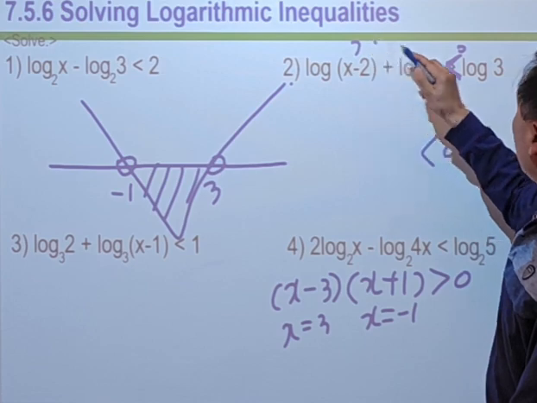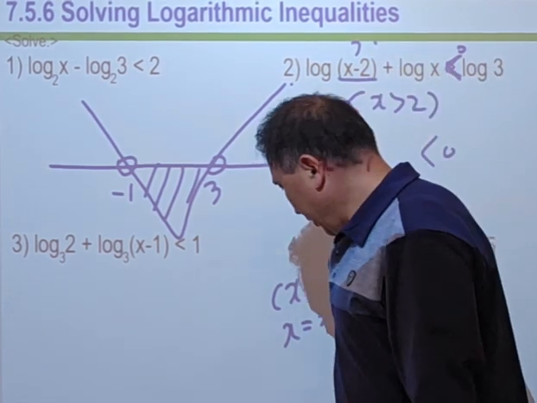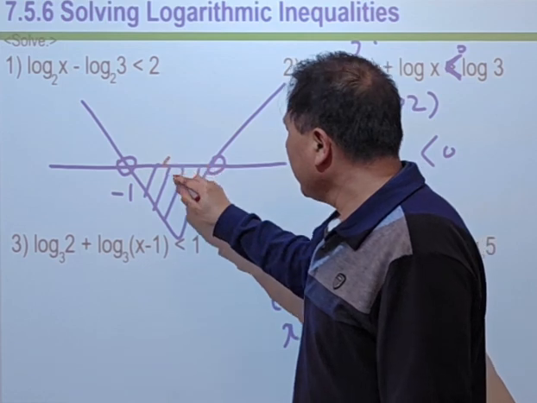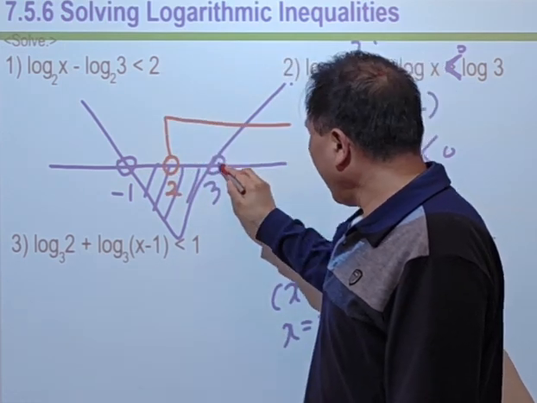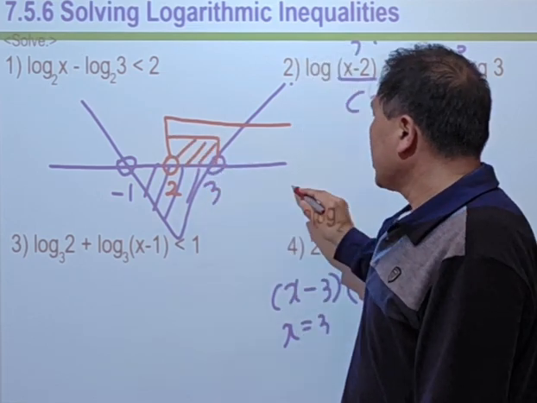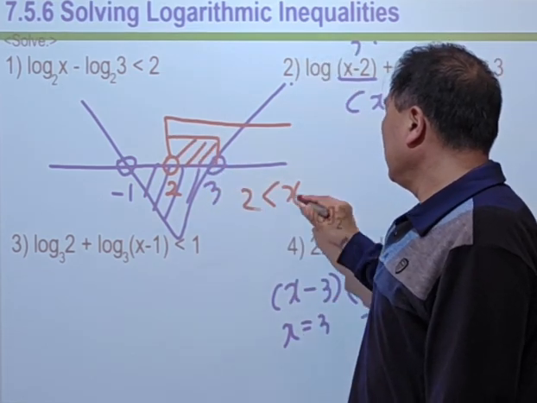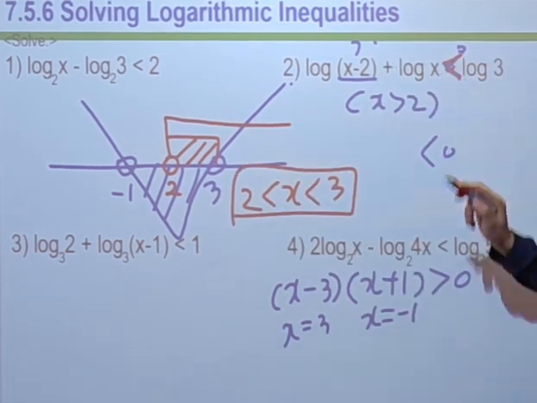But the condition here, because of this, is x bigger than 2, right? So only that is the answer. And among this interval, you take only this part. So x bigger than 2 and smaller than 3 will be the answer when the inequality is on this side.